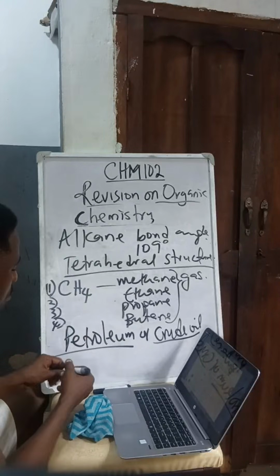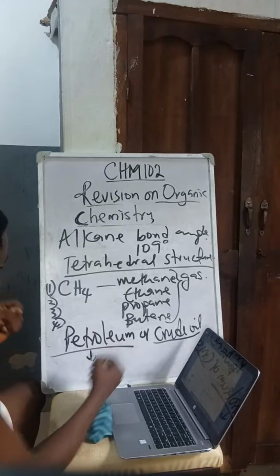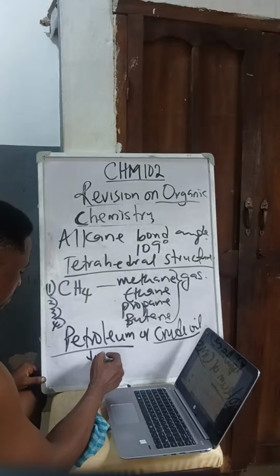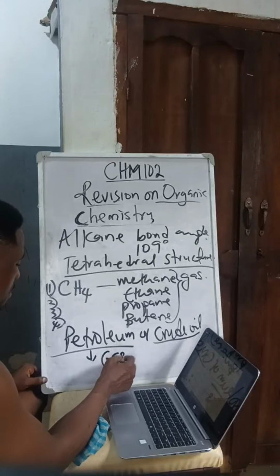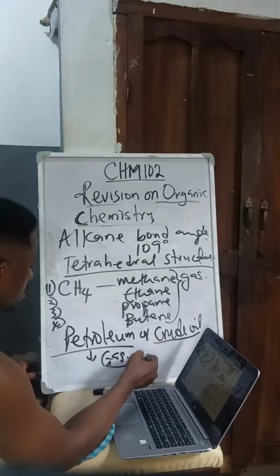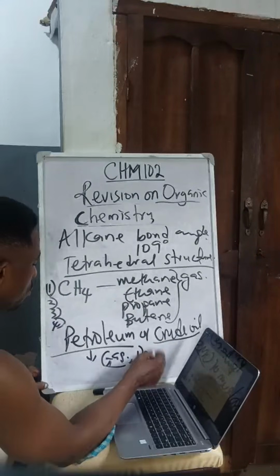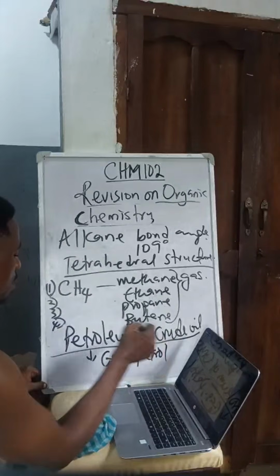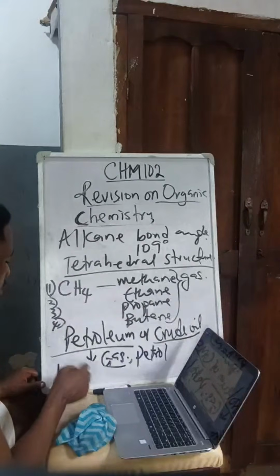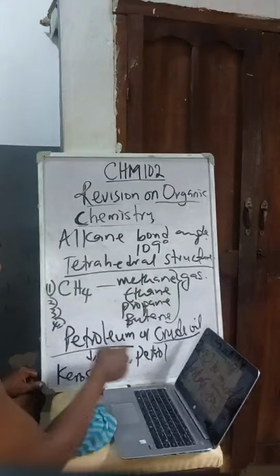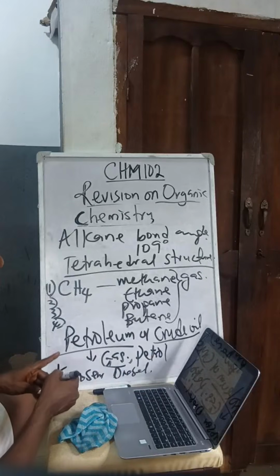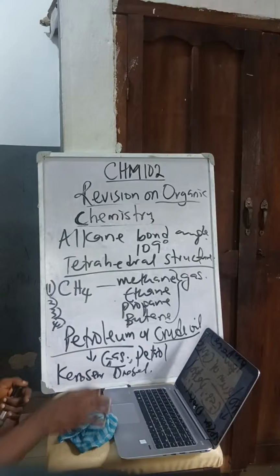When you refine petroleum, first you get gas, then petrol, then kerosene, then diesel, using fractional distillation.